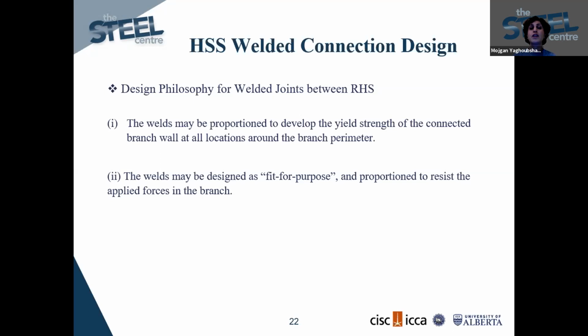But for design of the weld, there are two design philosophies in AISC, and also in CIDECT as well. The first design philosophy assumes that the entire branch perimeter reaches yielding.